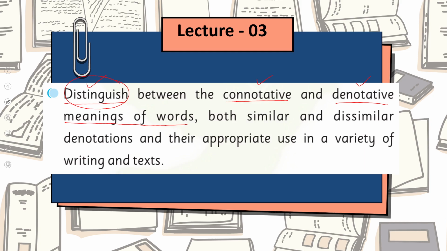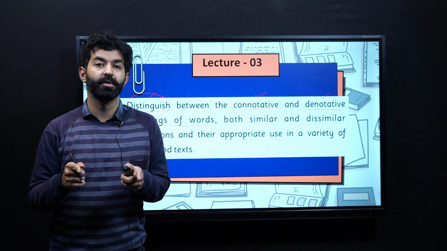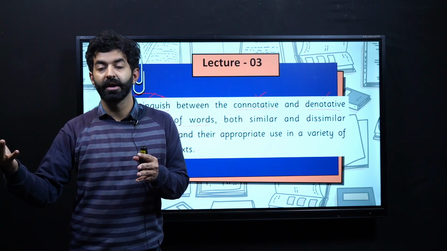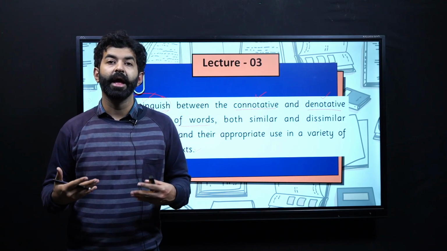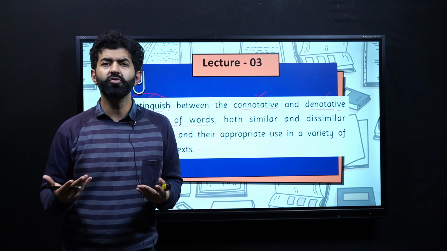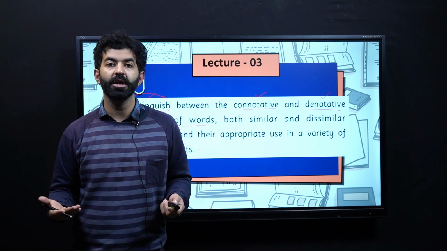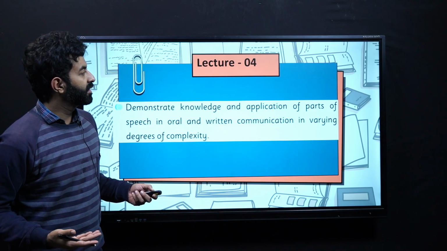Both similar and dissimilar denotations and their appropriate use in a variety of writing and text. We will go into the depth of the words, how words have meaning in context of the society, in the context of the culture, and how words are having literal meanings as we can find in their definitions from the dictionary or other sources. So again, this is between connotation and denotation.